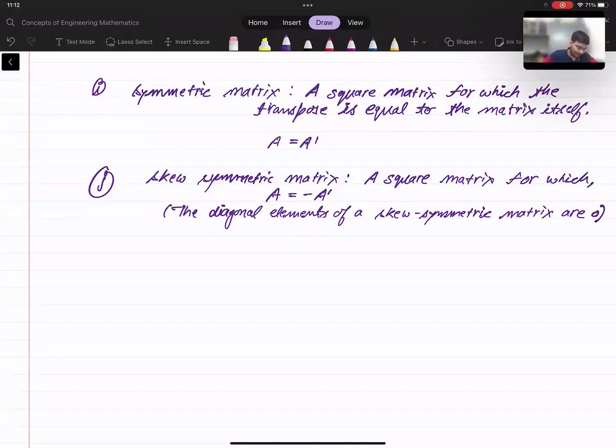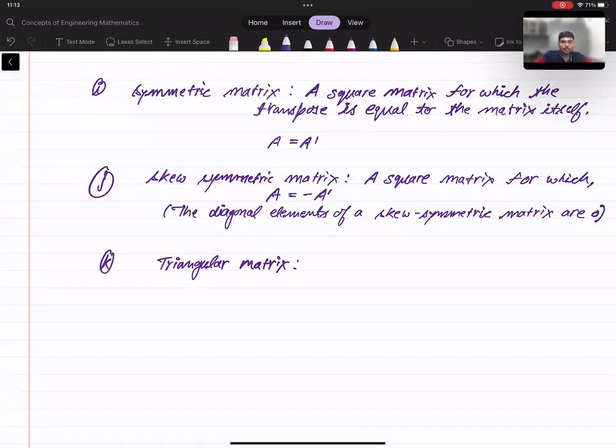So this is the symmetric and skew symmetric part. Similarly, we have another type which is the triangular matrix. Let us see what a triangular matrix is. A triangular matrix, as the name suggests, will have a triangular kind of shape or form. This is also sometimes known as echelon form.